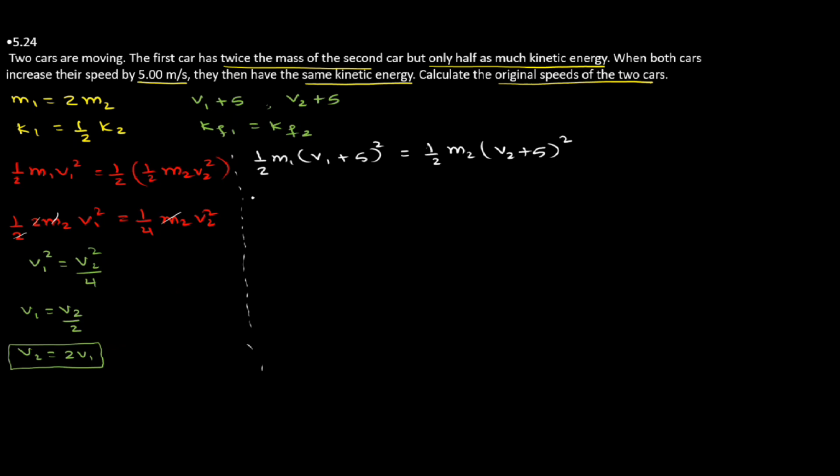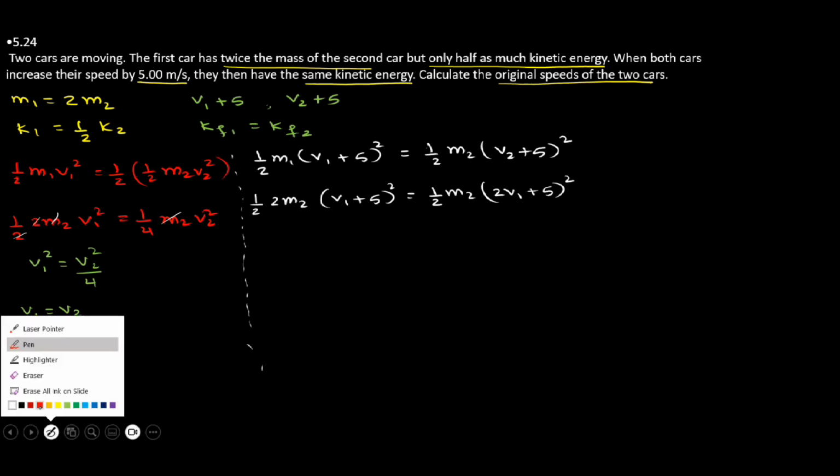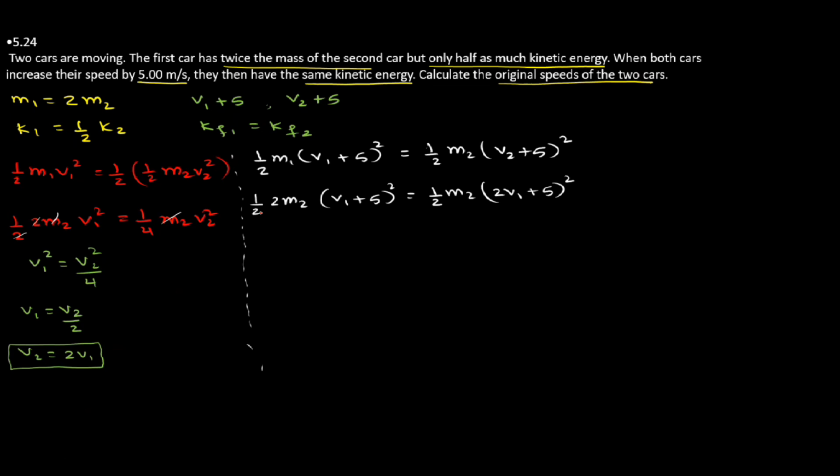So let's do that. Half 2 times m2 (V1 plus 5) squared equals half M2, and V2 I will write as (2V1 plus 5) squared. Now let's cancel the common terms. I can cancel the 2 over here because they are divided. M2 and M2 can be cancelled.